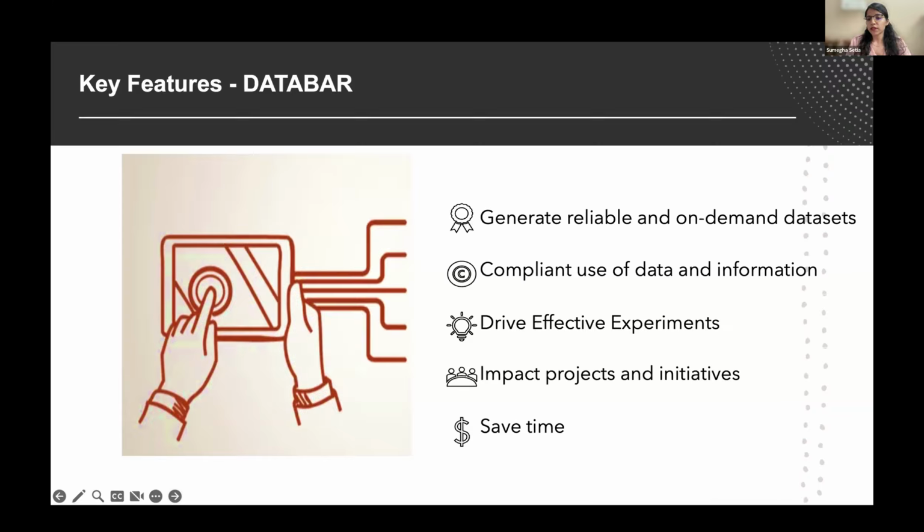So this feature basically helps us to have those experiments in place. Then it is a part of different impacts and initiatives that we have here in our organization. So we can impact different projects. It can be used across different functions.